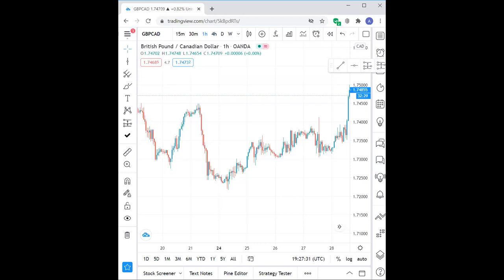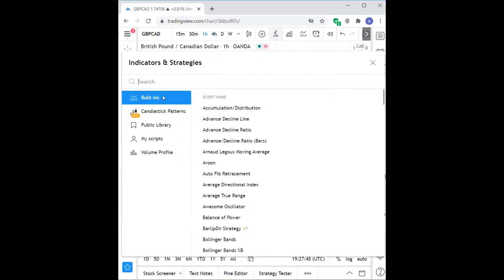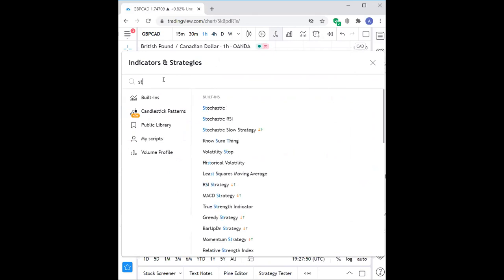If the oscillator reaches a reading of 80 or over, the market will be considered overbought, while anything under 20 will be thought of as oversold. So let's come here, FX, where indicators and strategy are. Type stochastic, the first one, click once, then close.